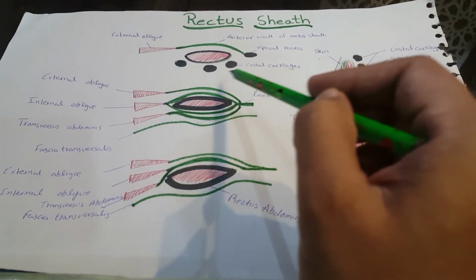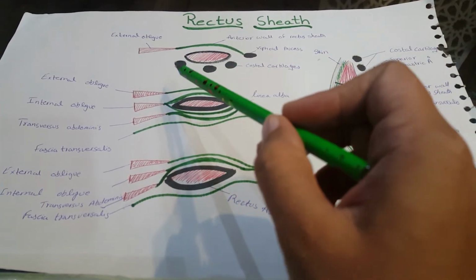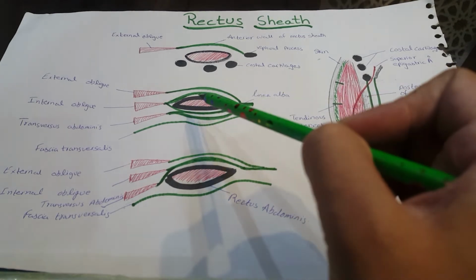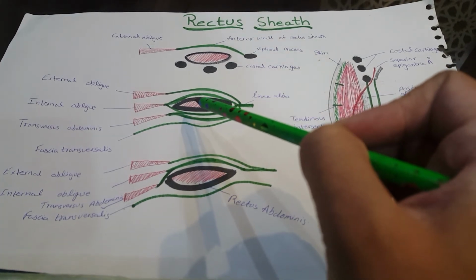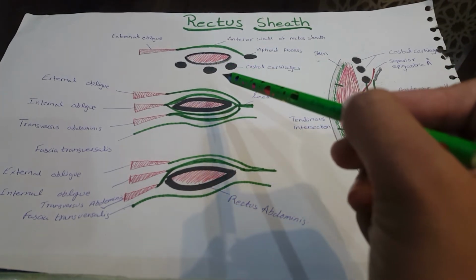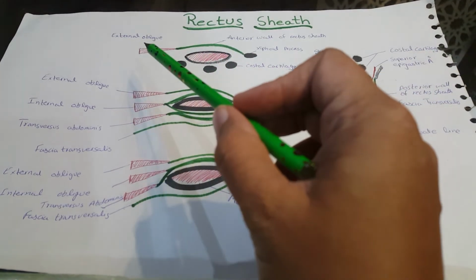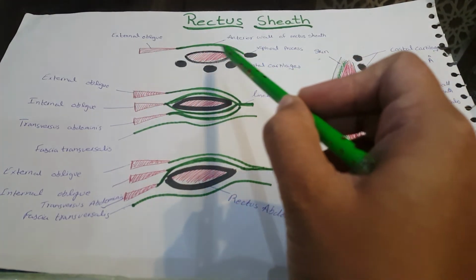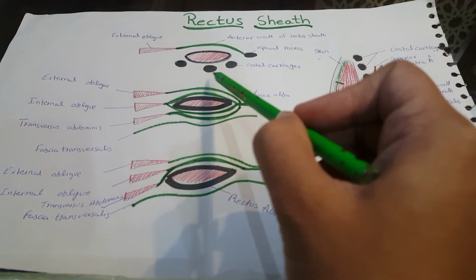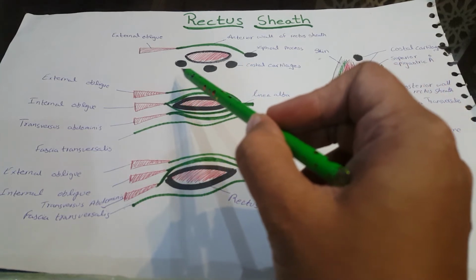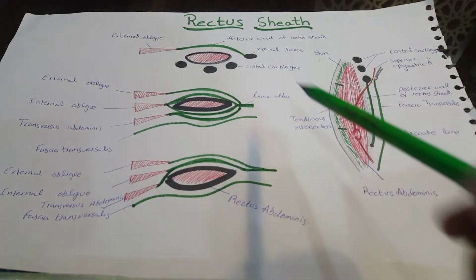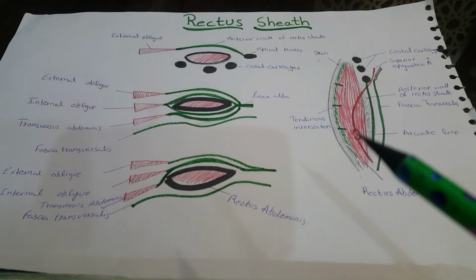And the posterior wall rests on 5th, 6th and 7th costal cartilage. So above the level of the costal margin, rectus sheet anteriorly is formed by the external oblique aponeurosis, and posterior wall of the rectus sheet is formed by 5th, 6th and 7th costal cartilages.